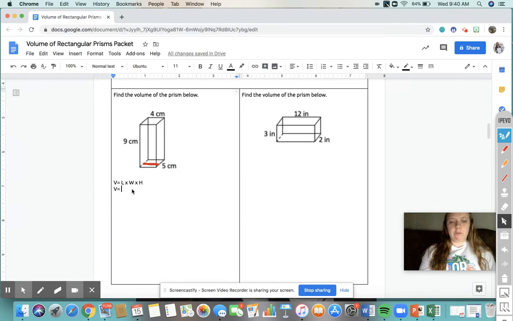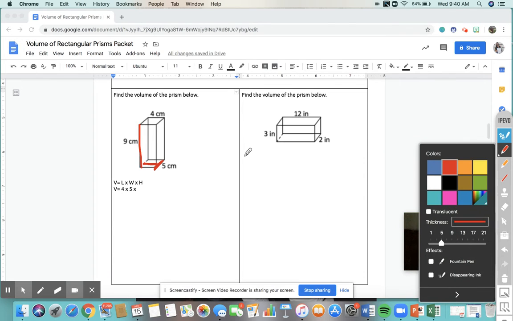So we're going to write 4 times our width, which is how wide it is, which we said was 5. It's 5 centimeters wide. Times our height, which is how tall it is. So this is 9 centimeters tall.